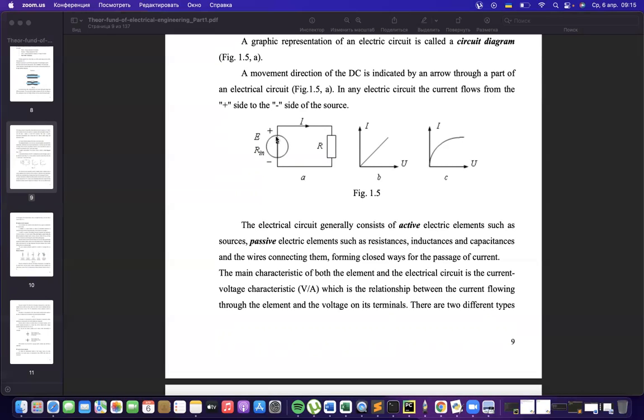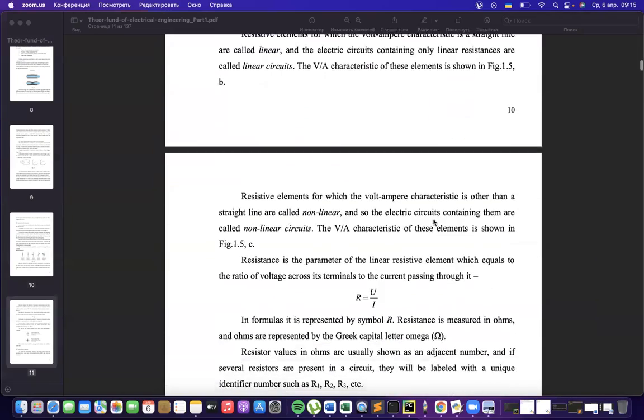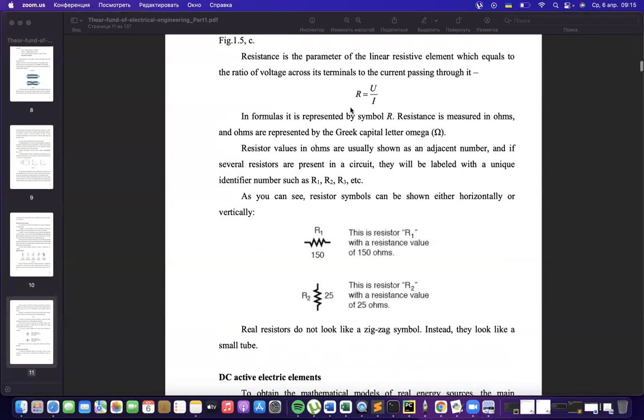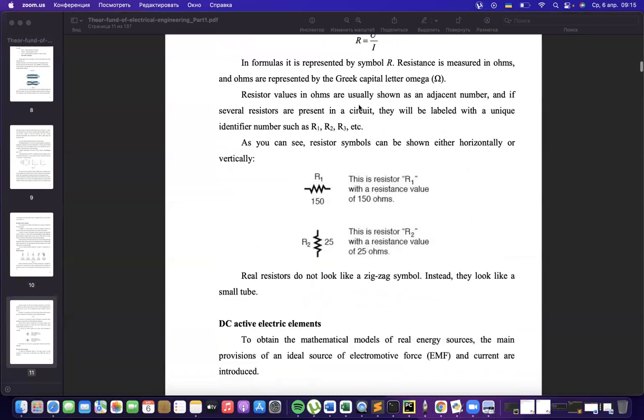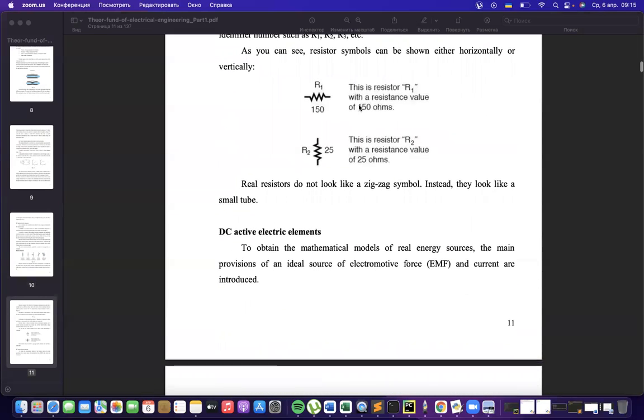That means it could vary with current. In this situation, if the resistivity isn't constant, we obtain a non-linear function of voltage and current. And the main equation that describes it, Ohm's law, we are using as one of the main equations in our electrical engineering course.